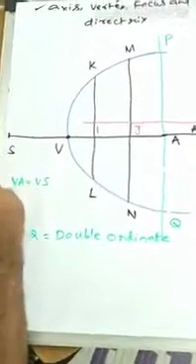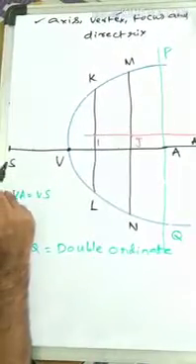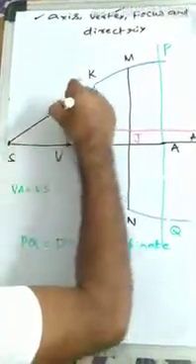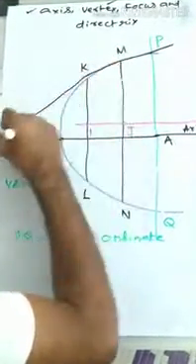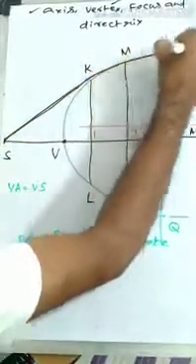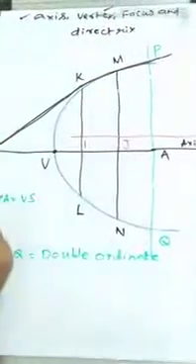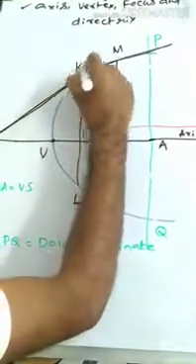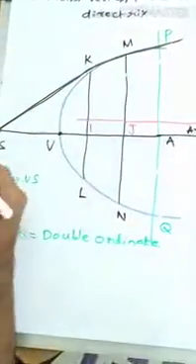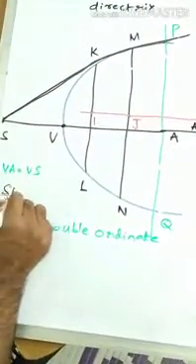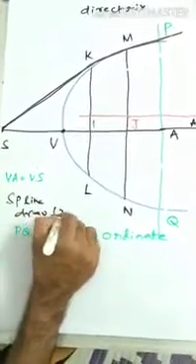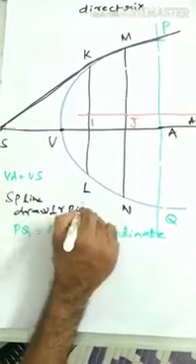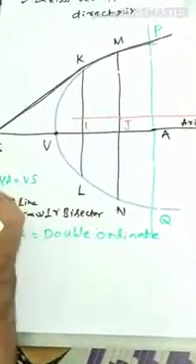After locating the point S, you have to join the point P. It looks like a tangent. After drawing the SP line, for the SP line, draw a perpendicular bisector.